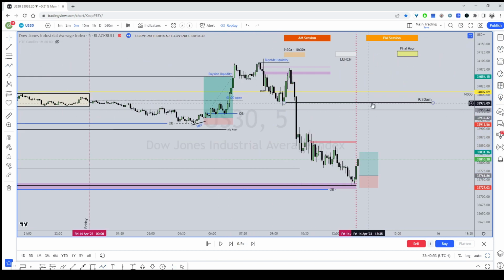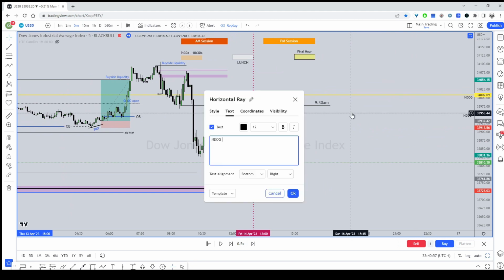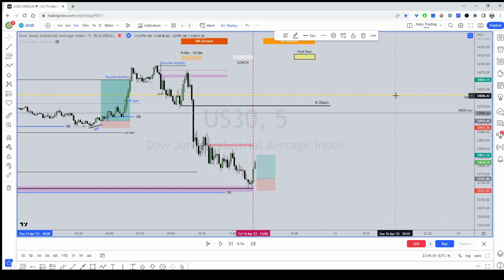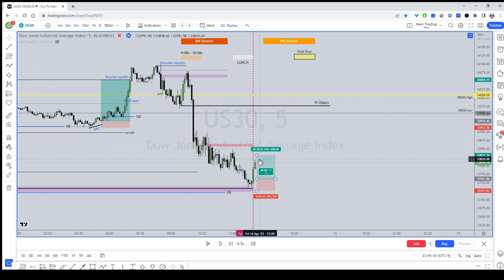We're also still working on this new day opening gap. This is the low. This is the high. So I want to set a target at new day opening gap low, 930, new day opening gap high. I'll set it here.